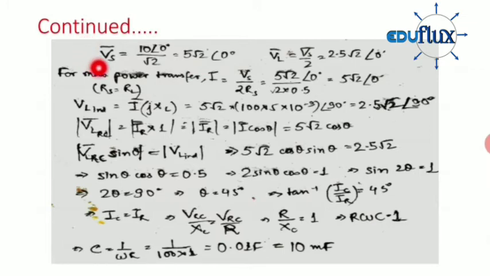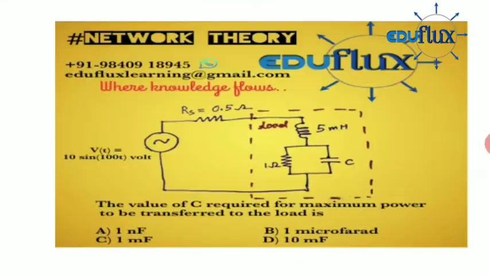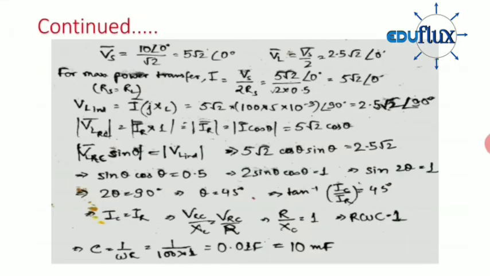If this is taken as the reference phasor, then 10 by root 2 angle 0. So 5 root 2 angle 0, as 10 is given here as the maximum value of the voltage signal. So load voltage will be half of the supply voltage at maximum power transfer condition, so 2.5 root 2 angle 0.